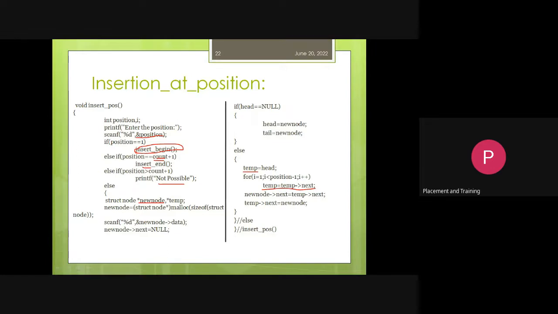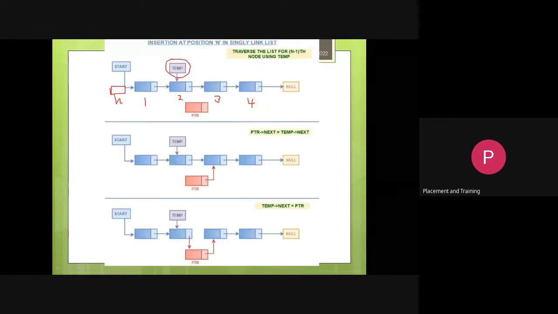Once it is shifted, the new node's next address is updated first. Why do we have to update the new node first? Because if this is not done initially, and your first step is to make the next of this point to the new node, these three nodes get disconnected from the list.